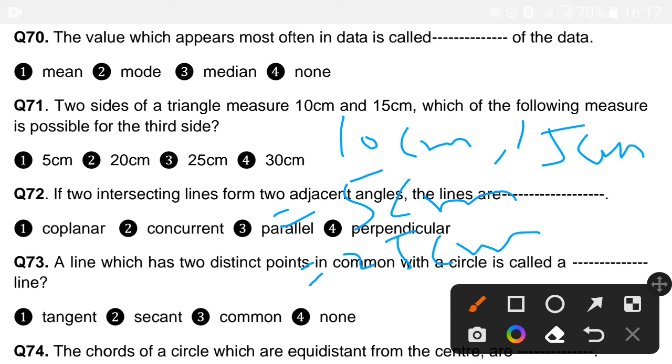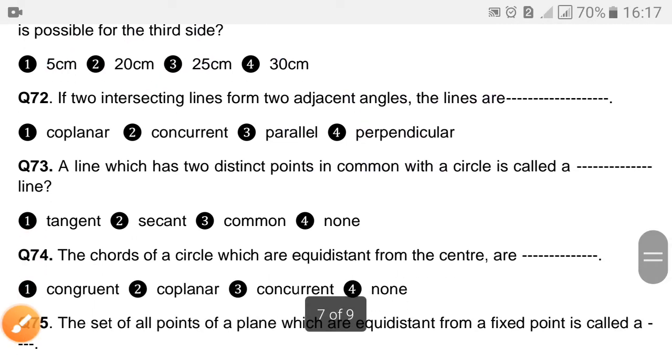It means that the third side will be in between 5 and 25 centimeter. So 5 is omitted, 25 is omitted, 30 is already omitted, so we remain with 20 centimeter. So the possible measure of the third side is 20 centimeters. So the second option is the right option.